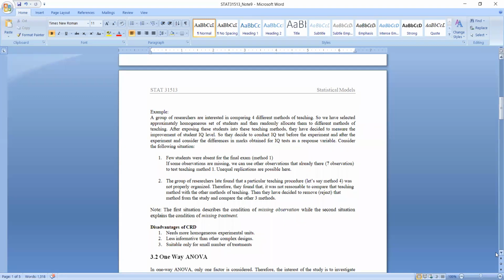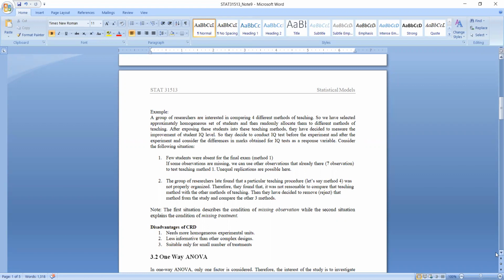So at the end of the experiment, they have not faced the end examination. So in that case, when we want to compare the difference between the IQ levels, it's not possible because we don't have the IQ level at the end of the training of these few students. So in that case, there are missing values. These observations are missing in this case.